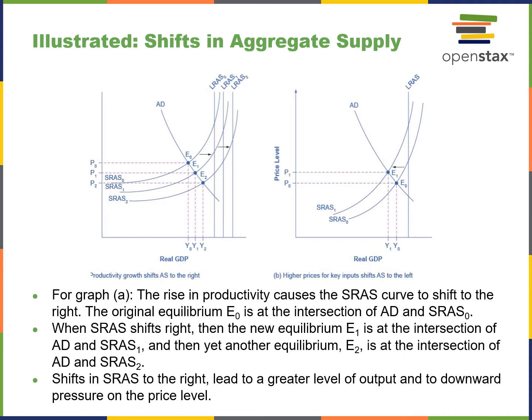If it was to move in the opposite direction, you would also see a change in equilibrium. You notice that on the left-hand side, as the supply curve goes to the right, the equilibrium drops at different points, where the opposite is true on the graph on the right.